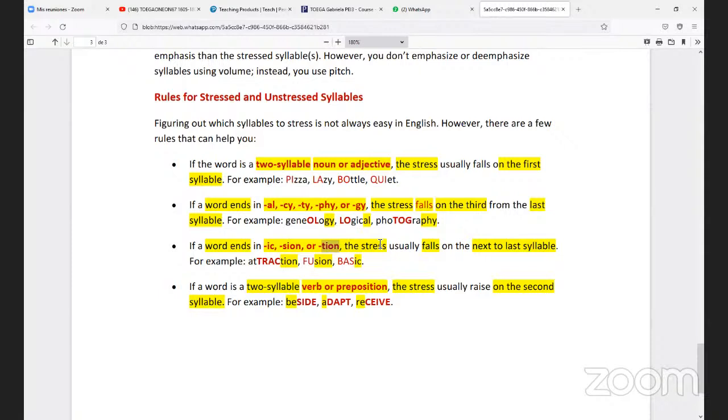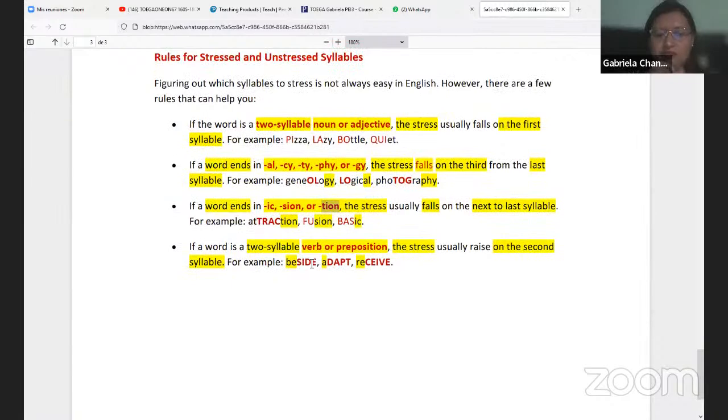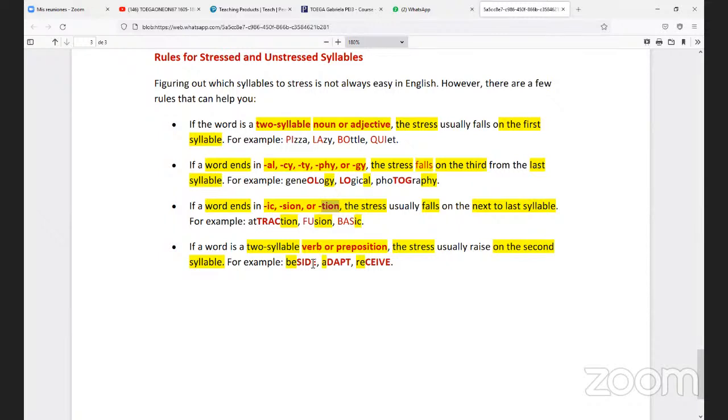Okay. Now, what do we have after this? It is the last part. If a word has two syllables, we're going to come back to two syllables. In these cases it could be a verb or a preposition, because earlier, with two syllables, we had nouns and adjectives, any noun or object, and the adjective.